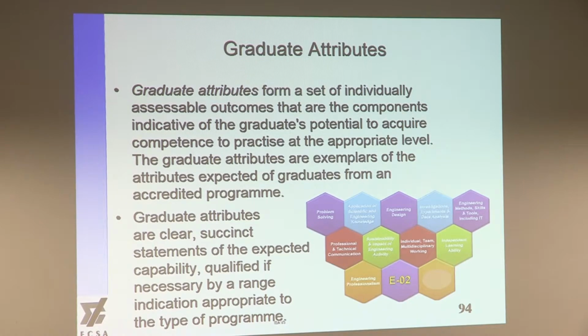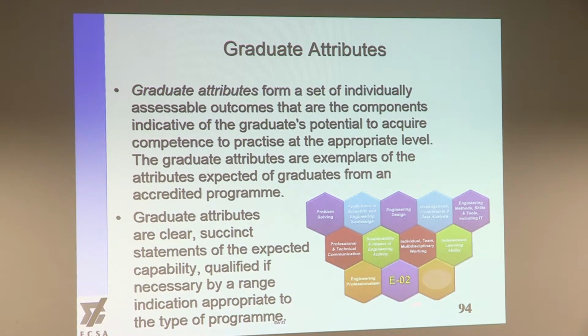The graduate attributes, I think you know what they are. Attributes form a set of individually assessable outcomes that are components indicative of the graduate's potential to acquire competence to practice at the appropriate level. The graduate attributes are exemplars of the attributes expected of graduates from an accredited program. They are clear, succinct statements of the expected capability, qualified if necessary by rank indication appropriate to the type of the program.